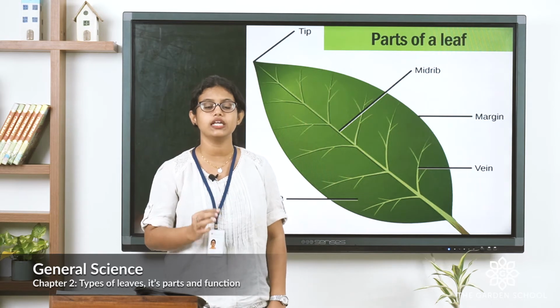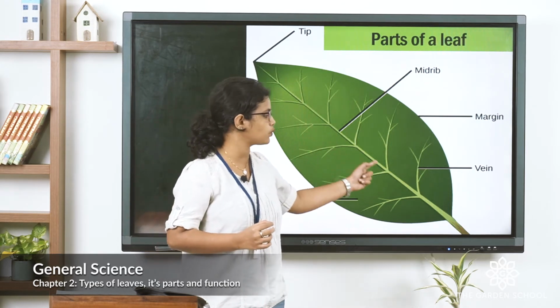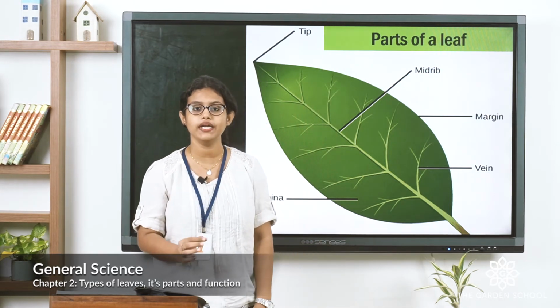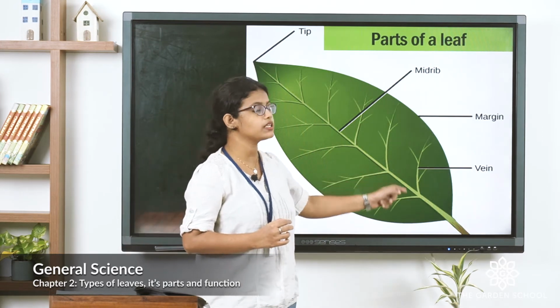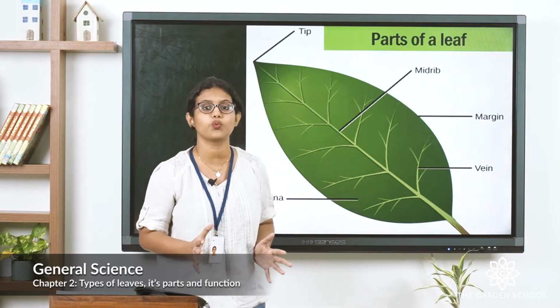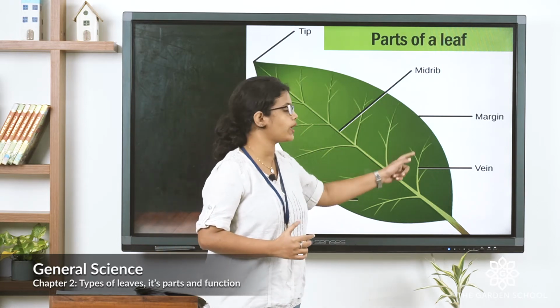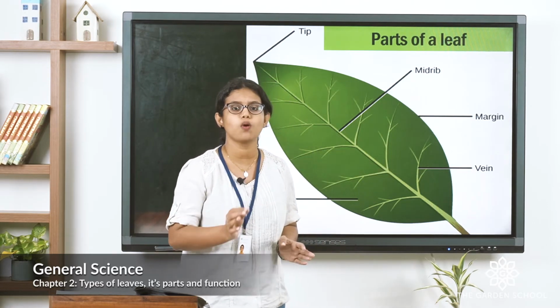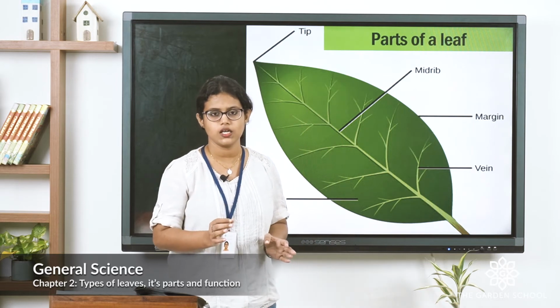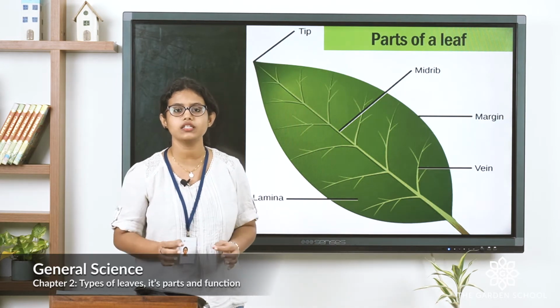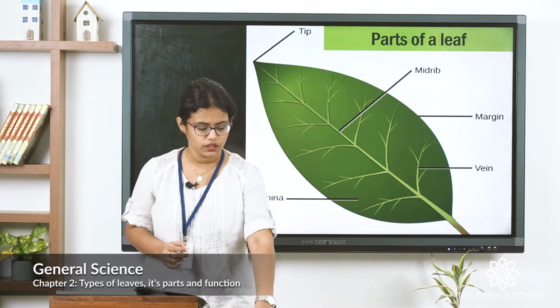This center vein is called the midrib, and from the midrib you can see a connection of veins which carry water and food. Again, these veins are divided into smaller veinlets. So these are the different parts of a leaf.